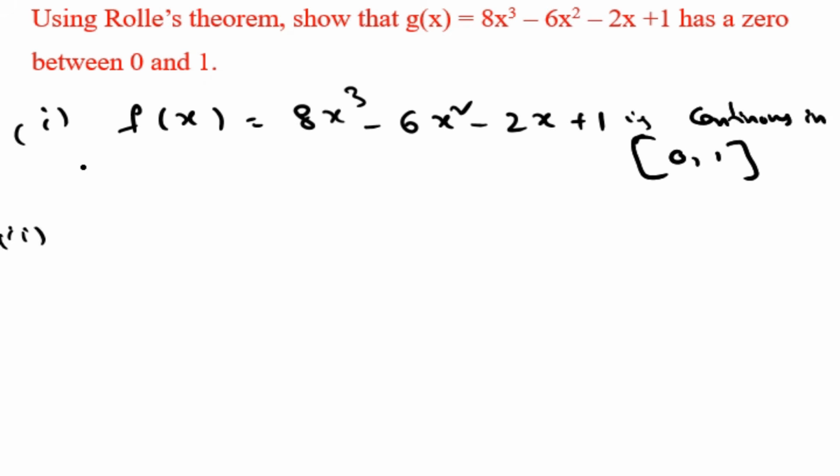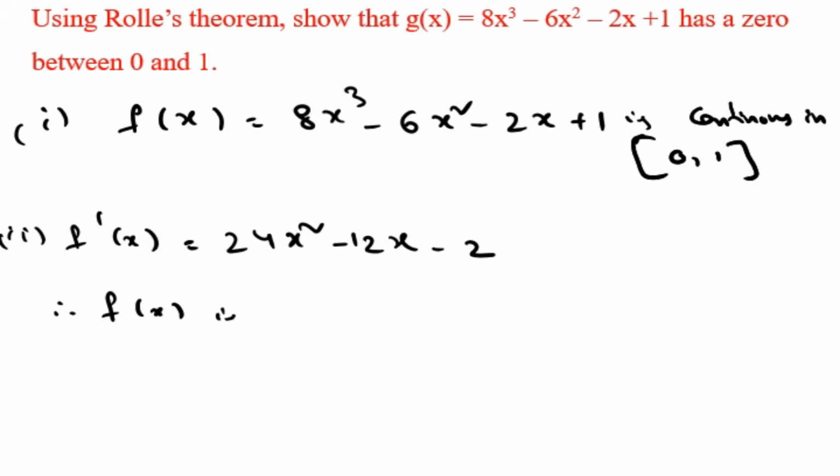Now f dash of x is equal to 24x square minus 12x minus 2. Therefore, f of x is a differentiable function in (0, 1).